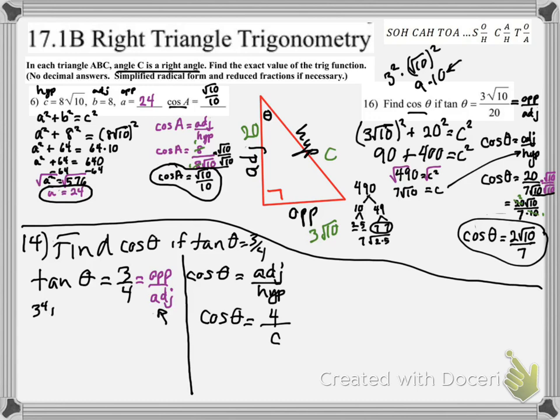So 3 squared plus 4 squared equals c squared. 9 plus 16, 25 equals c squared. Square root of 25, c equals 5. And some of you are going to say, but I knew the 3, 4, 5 triangle.